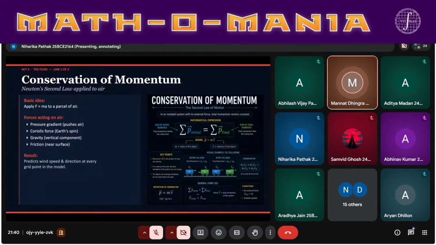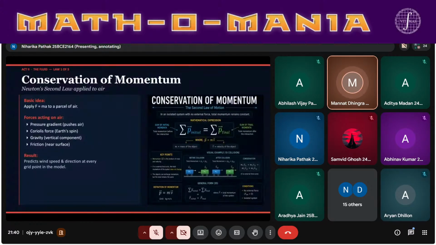As we told, we are conserving momentum. So there should be no external force, and the objects can exchange momentum, but the total momentum remains the same, right? As I mentioned before, the momentum is conserved.